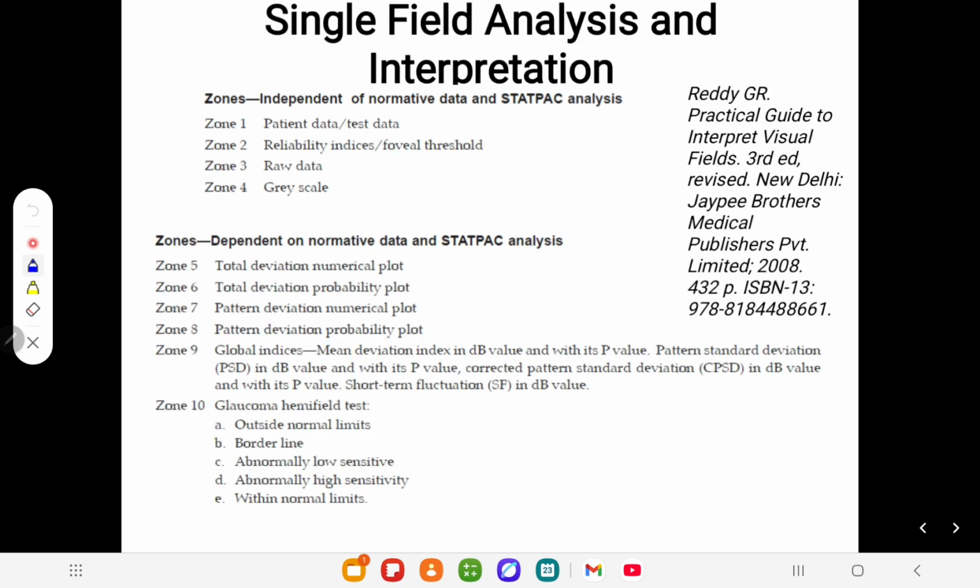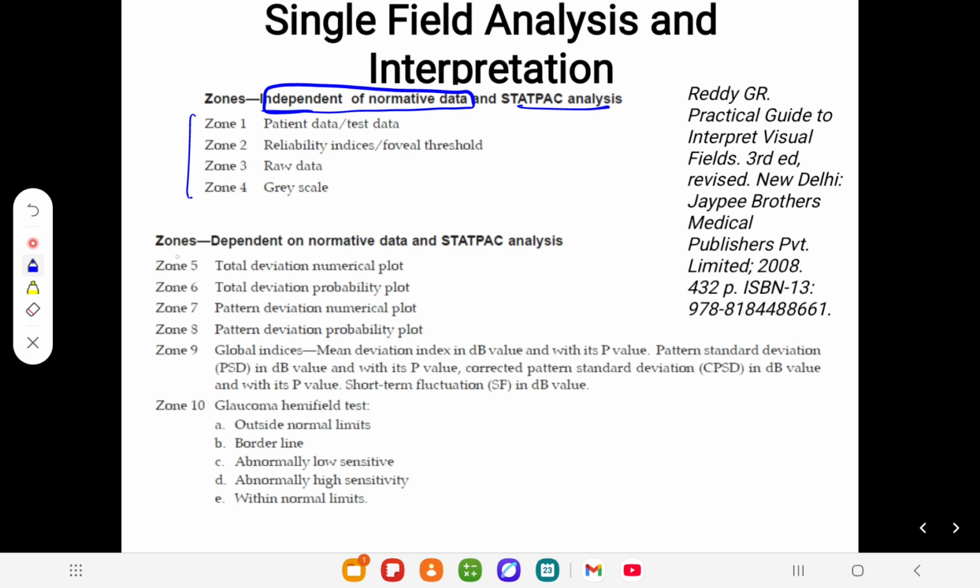Okay, so let's come to single field analysis and interpretation. Whenever we come to single field analysis and interpretation, there are two things that are very important to understand. Just remember, it's very important: one set of zones is independent of the normative data and stat pack analysis. These four zones don't care about normative data, whether there is normative data or there isn't.